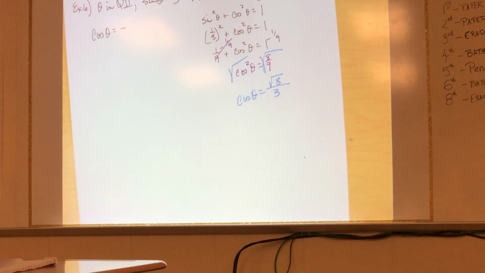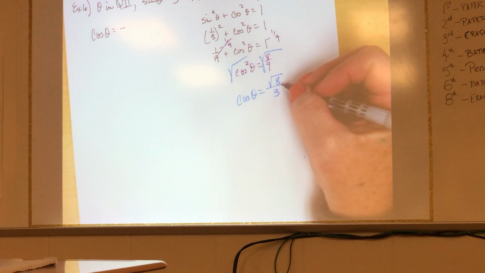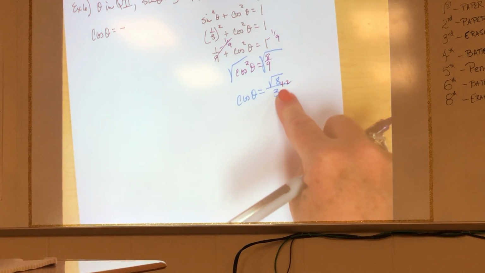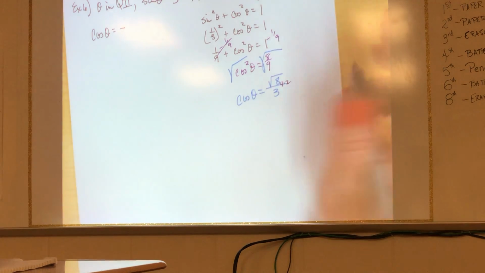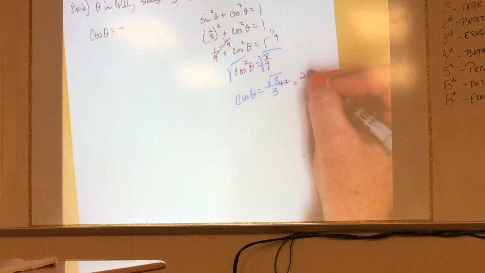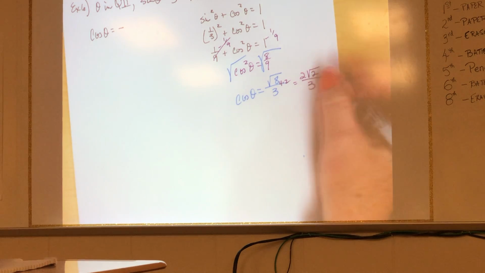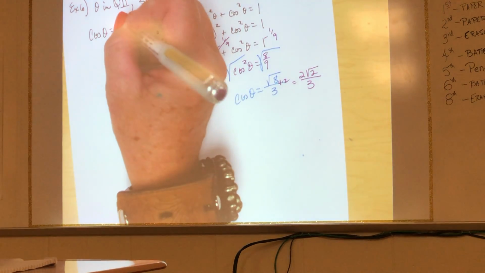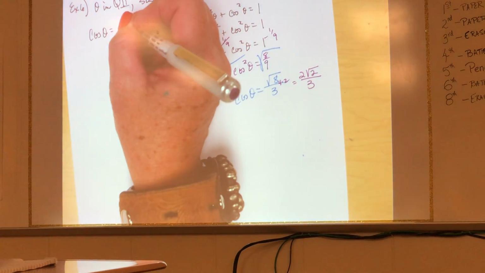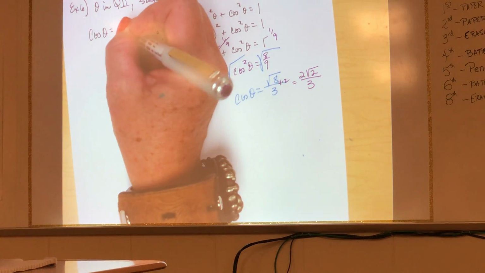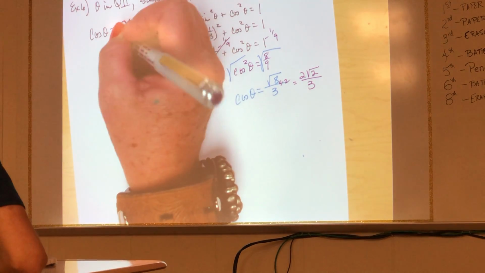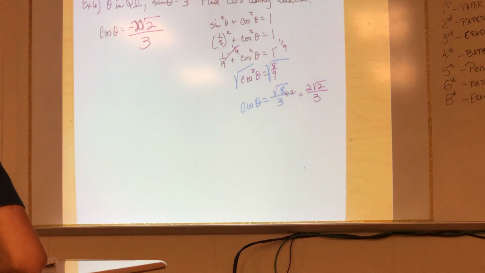Is that good? No, that's not a simplified square root radical. The perfect square that divides into 8 is 4. So what's the square root of 4? 2. Since I took its square root, it goes outside the radical and the other 2 stays underneath. So this would be the answer: negative 2 square root of 2 over 3.